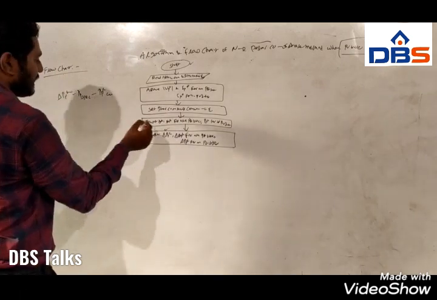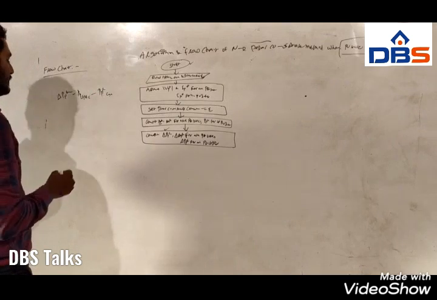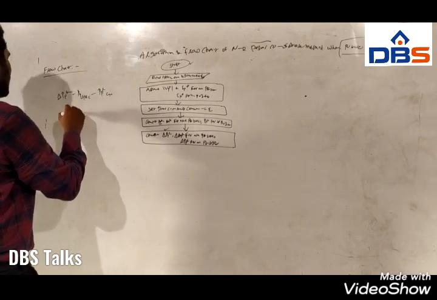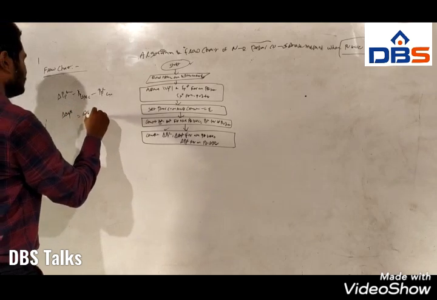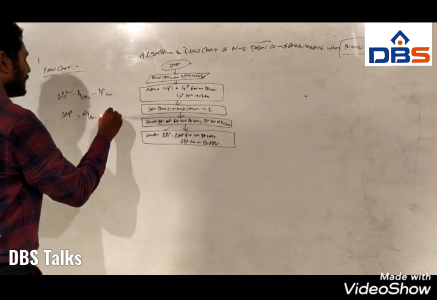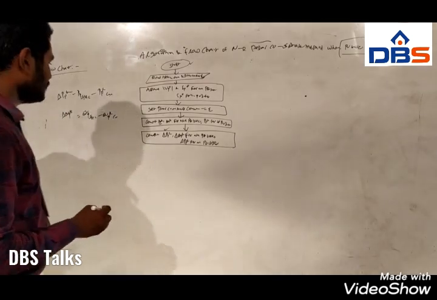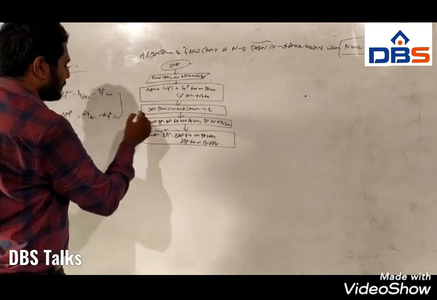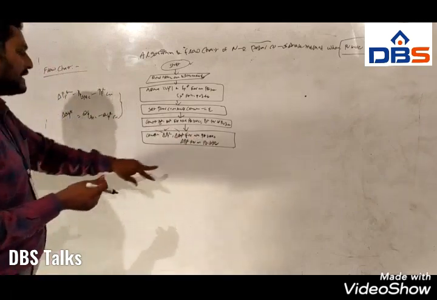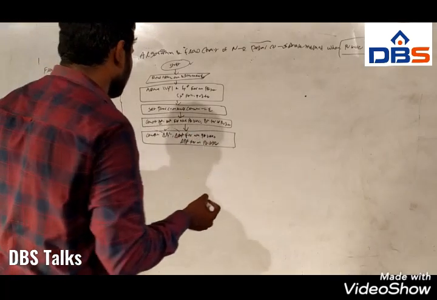In the previous step we calculated Pp power k, so substitute this one, and similarly we calculate the change in reactive power, that is Qp specified minus Qp power k calculated. So by using these we calculate delta Pp power k and delta Qp power k for all PQ buses and delta Pv power k for all PV buses.